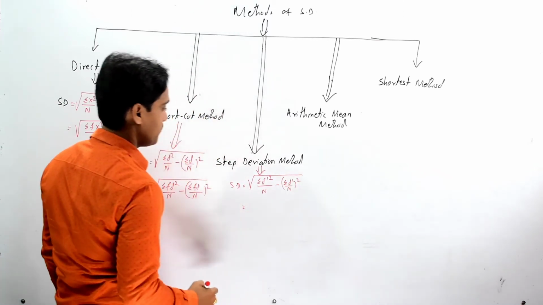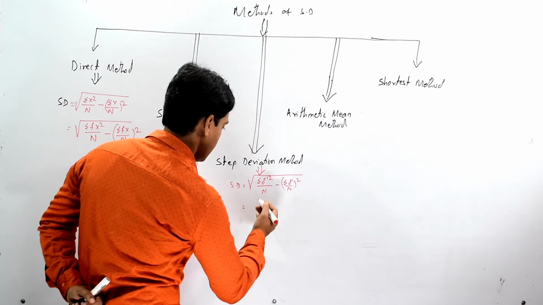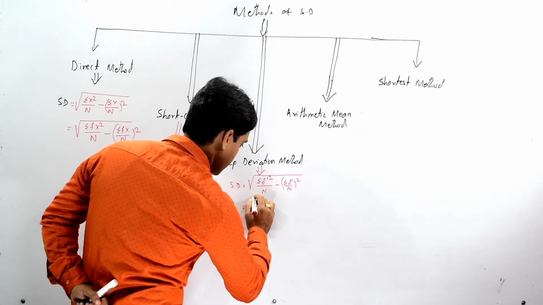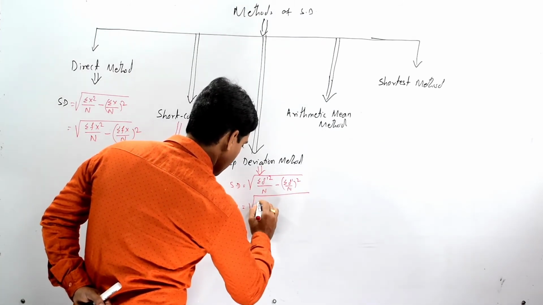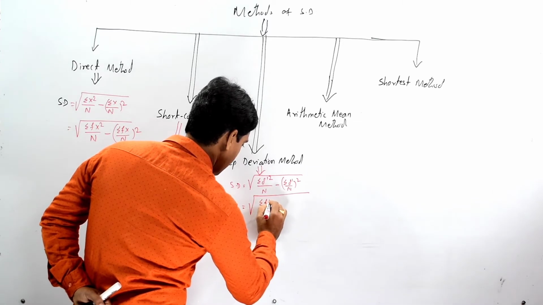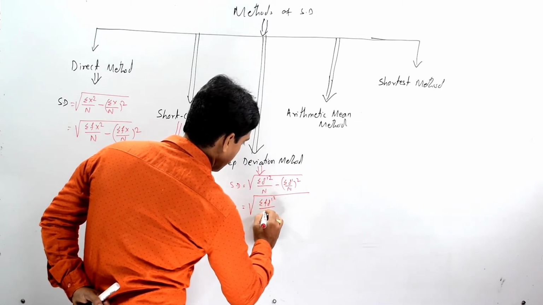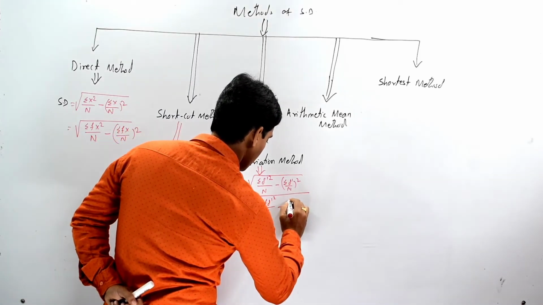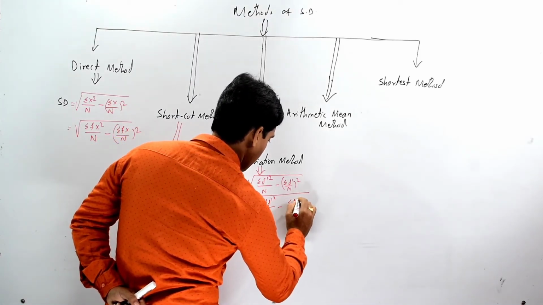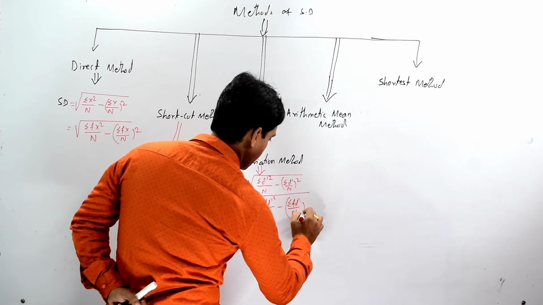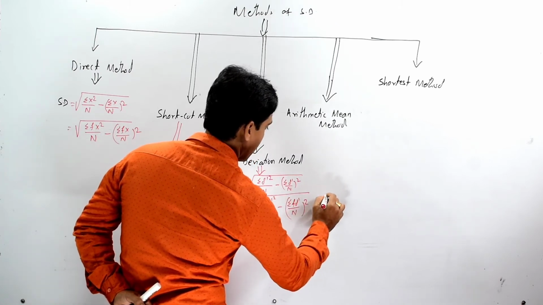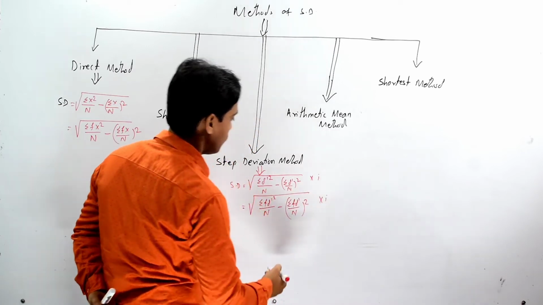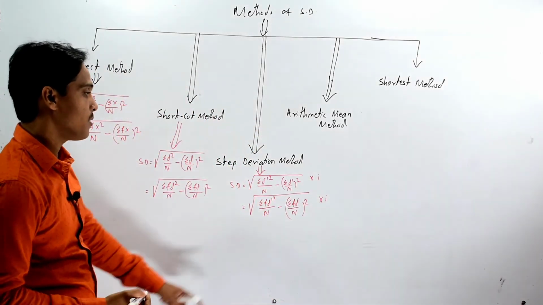In case of discrete and continuous series, it is whole root of summation f d dash square by n minus whole square of summation f d dash by n, into I, and here also I should be multiplied, that is the common factor or the class interval.